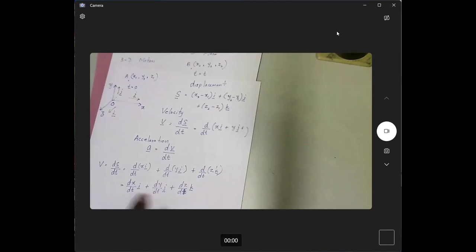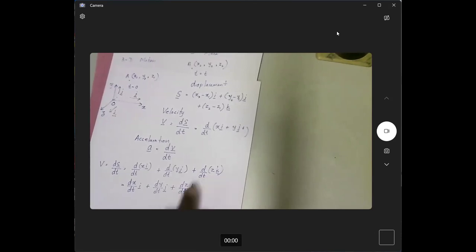So is this line correct? Can I differentiate this quantity as dx over dt into unit vector i, this quantity as dy over dt into unit vector j, and this as dz over dt into unit vector k?